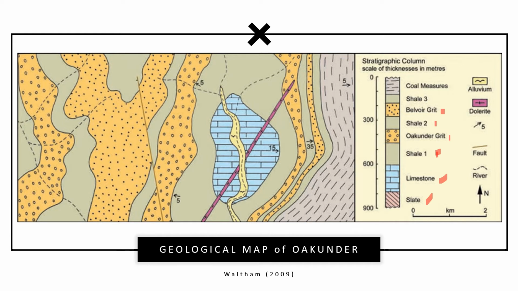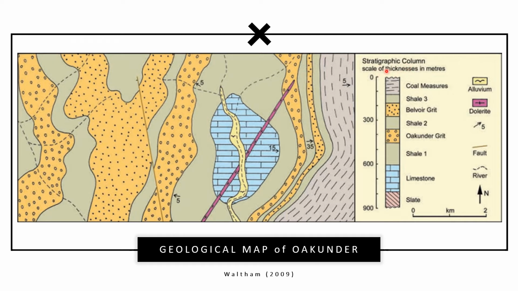The next one is the Belvoir grit, and next is the shale 3, and the youngest rock outcrop is the coal measures. So all of these are layers of rock outcrops that can be seen beneath this area. The thickness of these rock outcrops is also specified in the stratigraphic column.